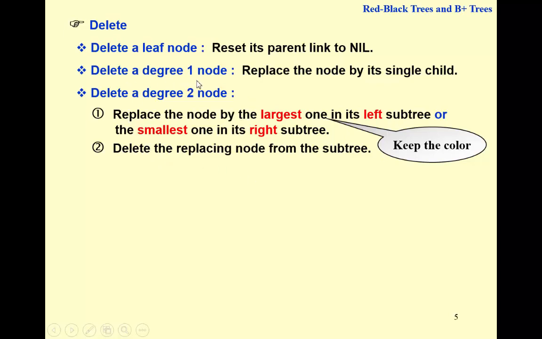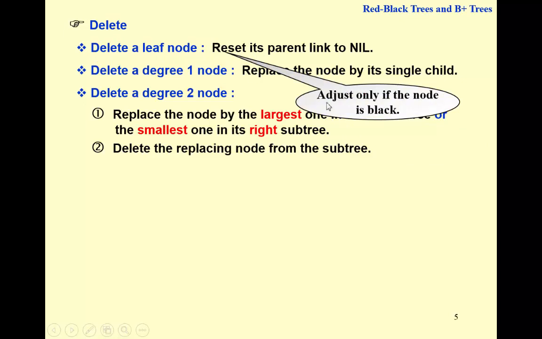And to delete a degree 1 node, the same thing. Replace node by some other node and keep the color. We have to face the trouble only when we have to delete a leaf node, and if this leaf node is a black node. That is the only case that we have to do something to rebalance the tree. If we really have to delete a black node from the tree, what's going to happen to the rest of the tree?